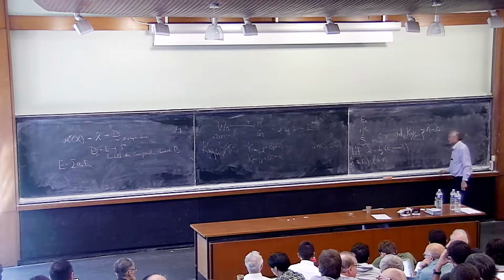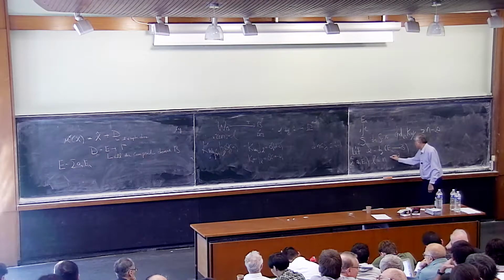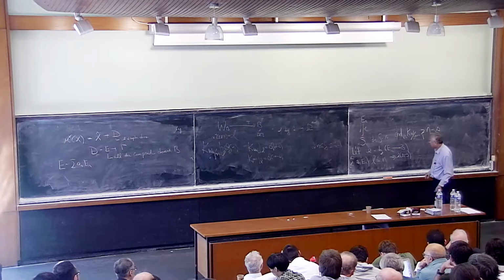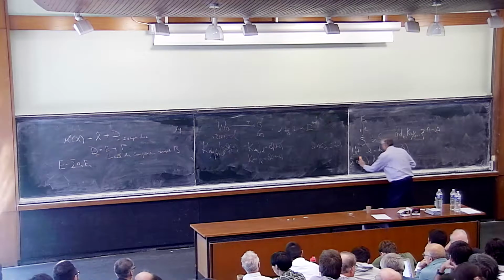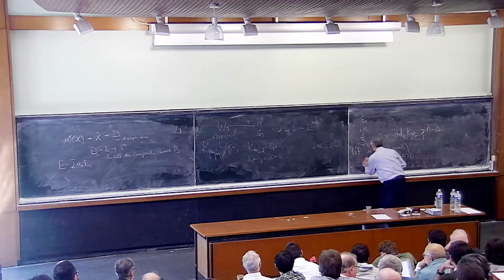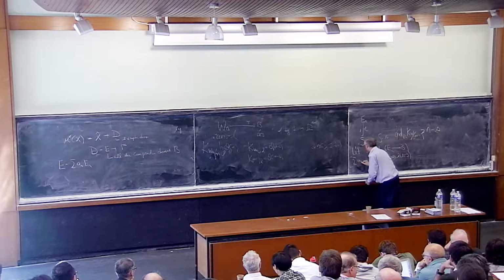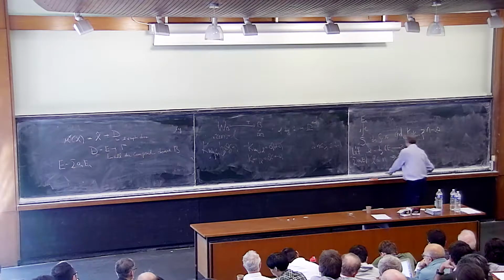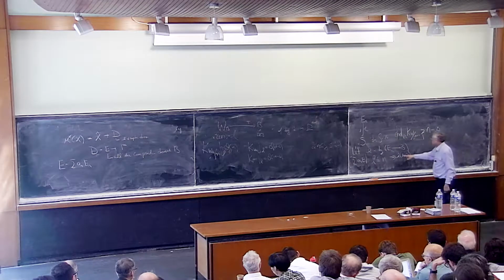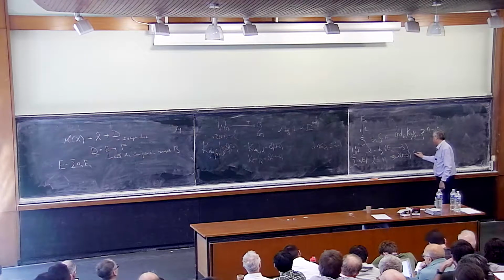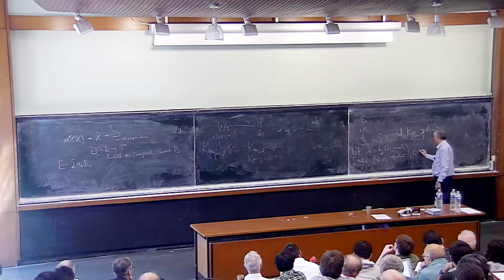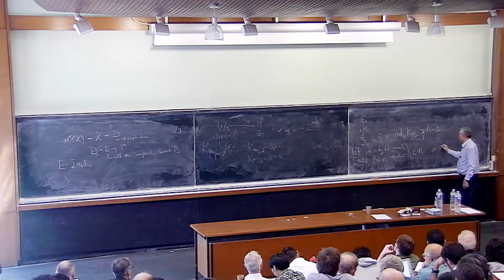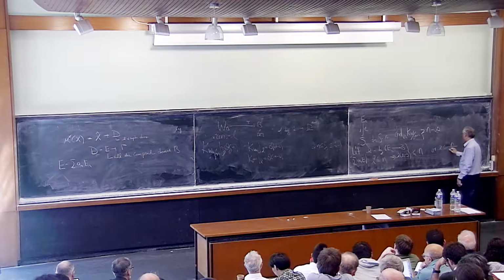Together with this, this implies that e_i times (n minus s) is less than or equal to n, or e_i, the degree of this map, is less than or equal to n over n minus s.